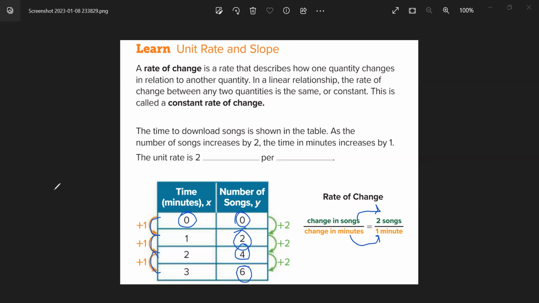As the number of songs increases by 2, the time in minutes increases by 1. So the unit rate is 2 songs per minute. That's my unit rate. How many songs can I download every minute? Well, in this example, it says 2.